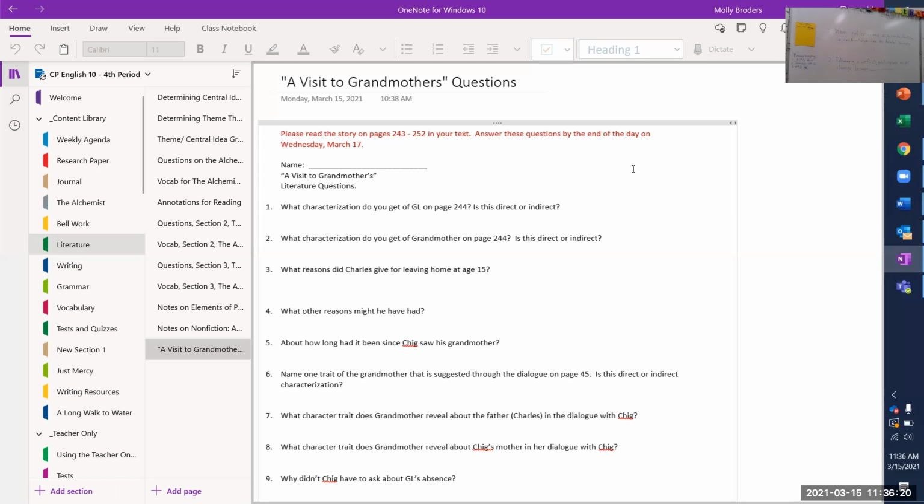What do you think about the relationship between Charles, Shig's dad, and his mother? What's it like? Not very good. Very good. So is that foreshadowing to us that there might be a conflict to come, right? Okay, so that's a literary device, foreshadowing.